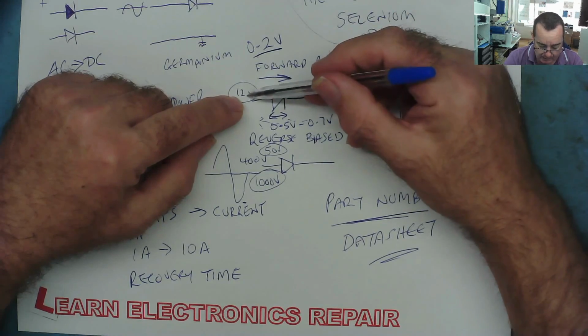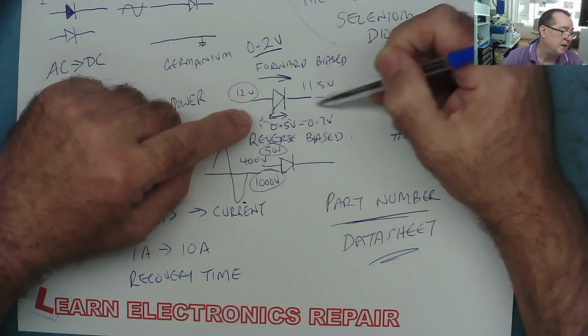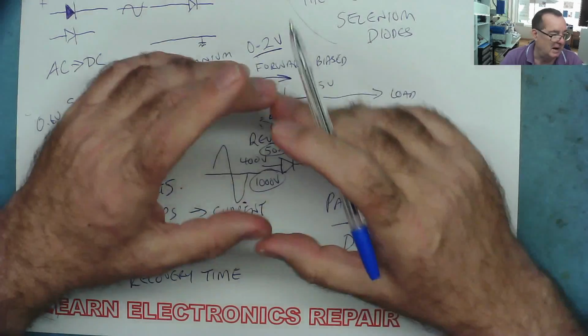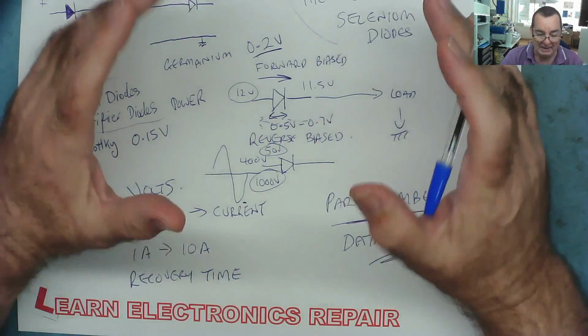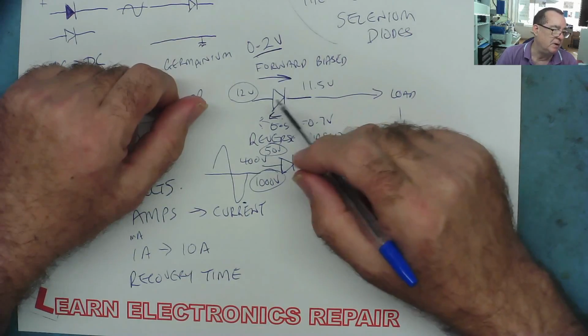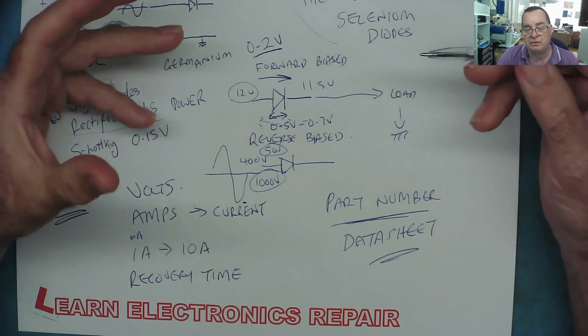When you are applying forward bias and turning it on, and then applying reverse bias and turning it off, do you think this diode switches instantly, absolutely instantly, in no time whatsoever, between conducting and not conducting? And the answer is no, it doesn't.